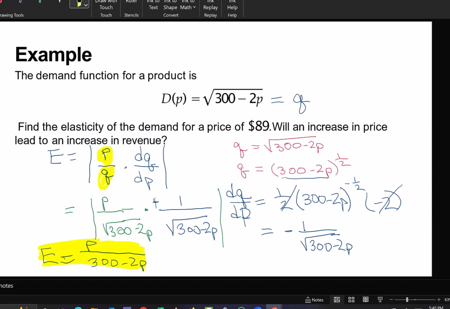Now I can find my elasticity very easily. E is equal to P they gave me here. The price they gave me is $89.